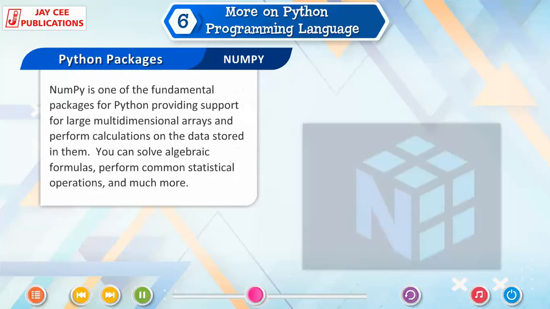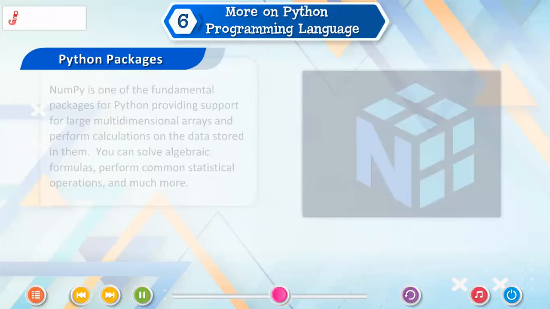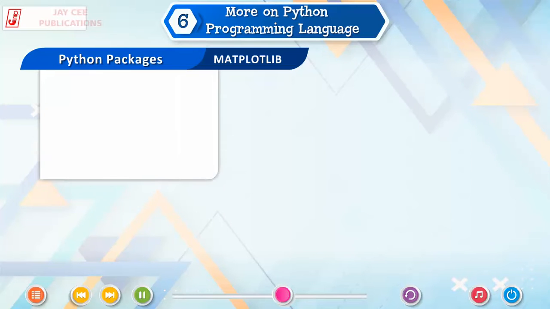NumPy. NumPy is one of the fundamental packages for Python, providing support for large multi-dimensional arrays and performing calculations on the data stored in them. You can solve algebraic formulas, perform common statistical operations, and much more. Matplotlib.